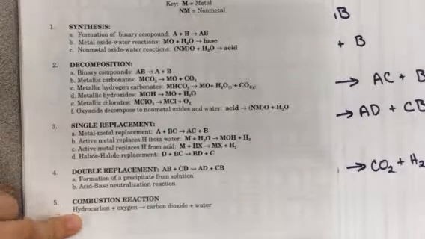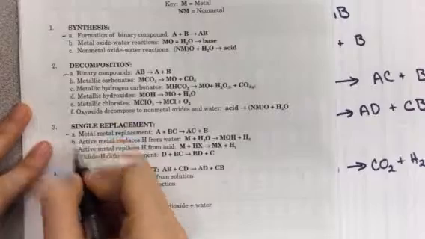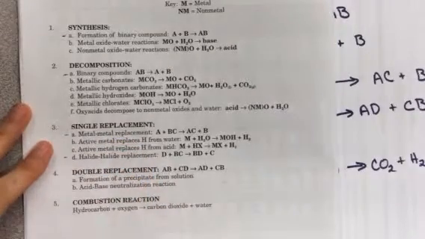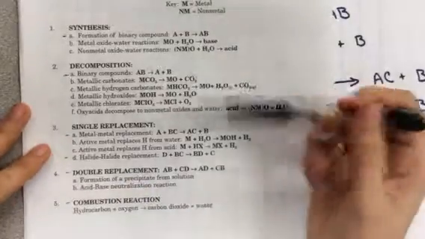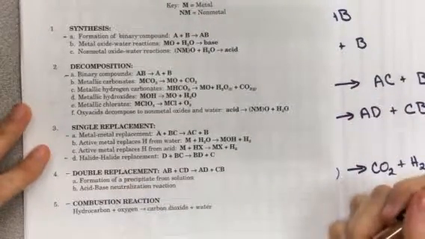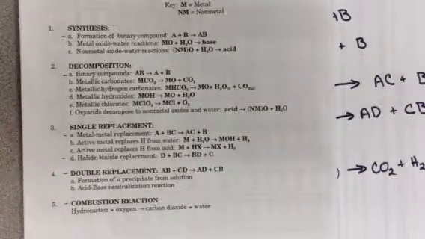Okay, so again, a quick review. These are the specific ones that you will need to know how to use and reference. So combustion and double replacement. But those are the major ones that we will be talking about in class, and those are the major ones that you will be assessed on.